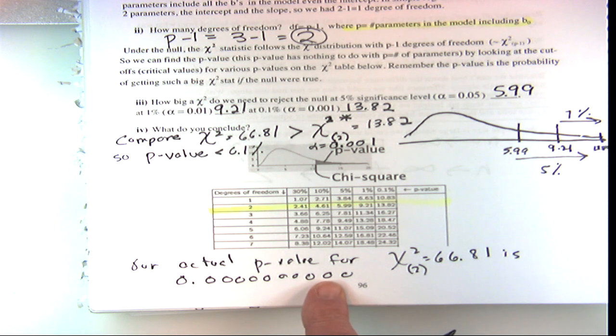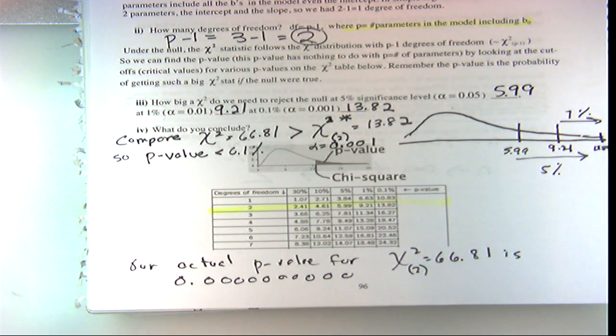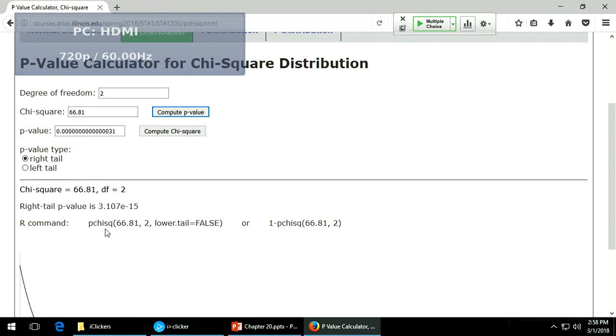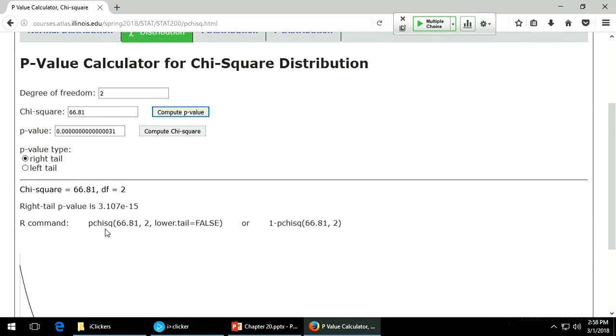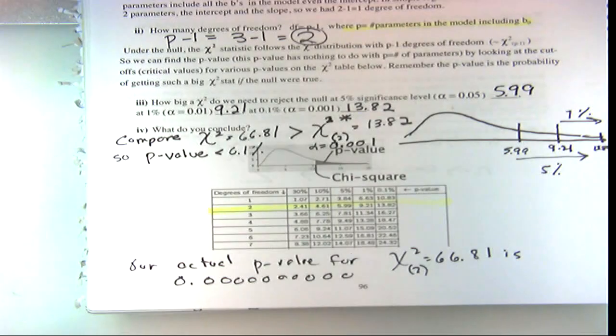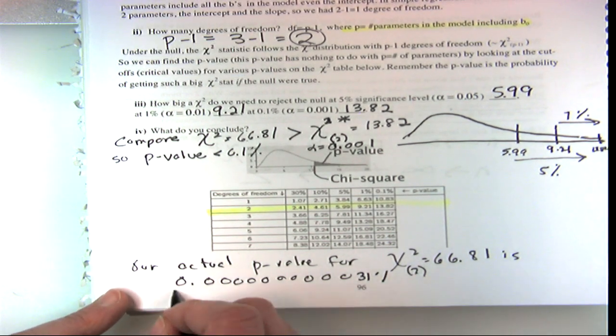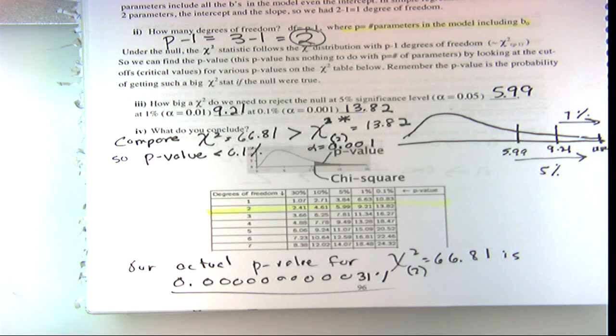It was 3.1%. So on an exam, you could just say it's almost 0.